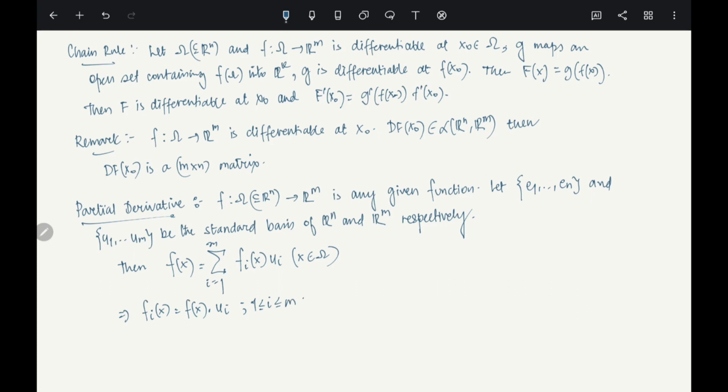Now, with this idea, I am going to define the concept of partial derivative. So what is the partial derivative? For x in Omega, i between 1 and m, and j between 1 and n, we define the partial derivative D_j f_i of x.